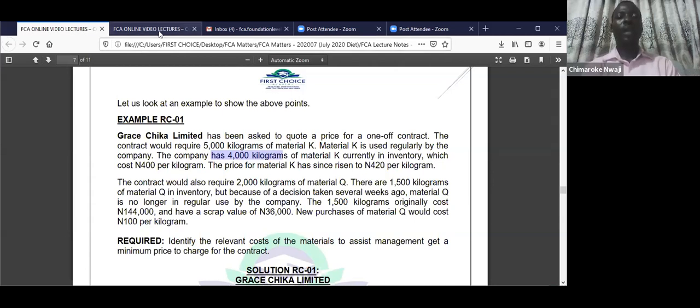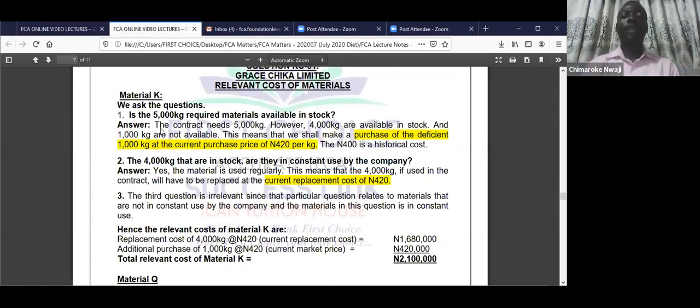So the answer we give here is the contract needs 5,000 kg. However, 4,000 kg are available in stock. That means 1,000 kg are not available. It means that we shall make a purchase of the deficient 1,000 kg at the current purchase price of 420. How do we know that price?